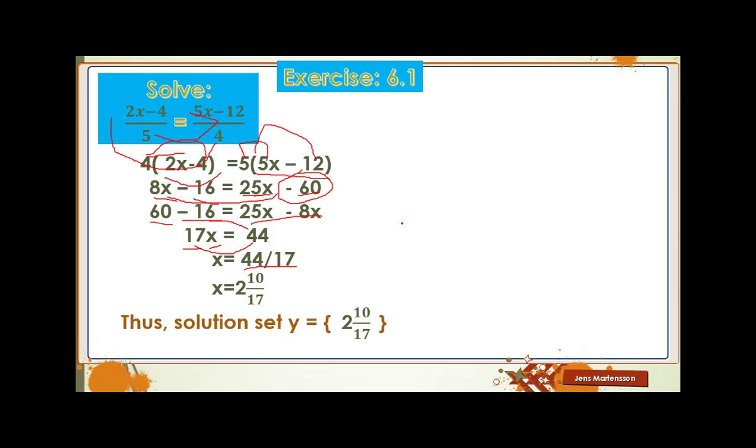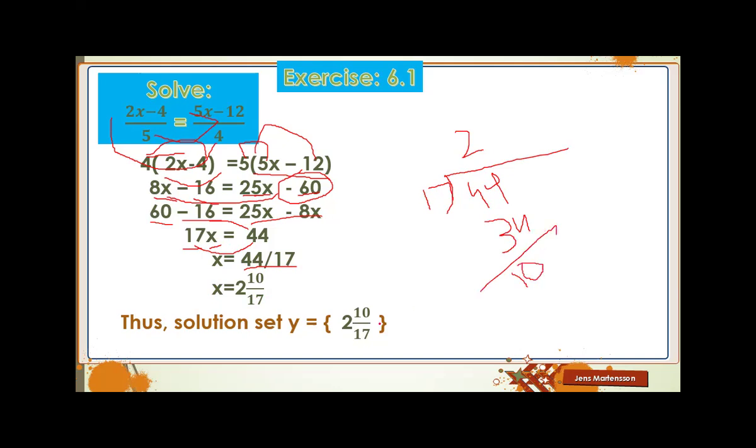Now this is an improper fraction. So how can we convert the improper fraction into a mixed fraction? We will write 17 and here we can write 44. 17 twos are 34. 44 minus 34 gives you 10.